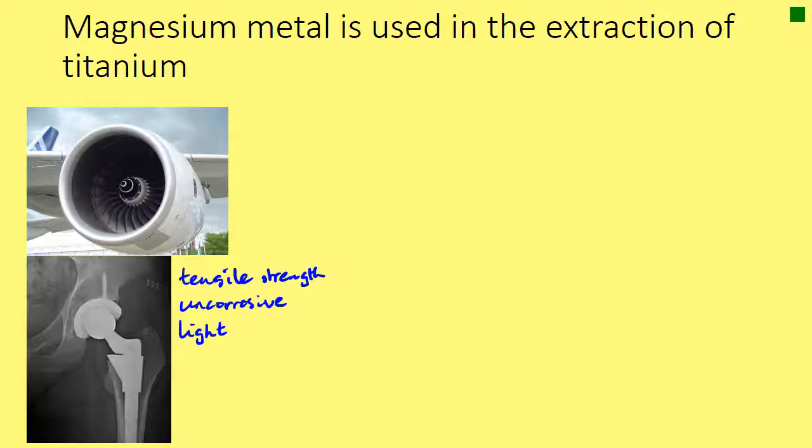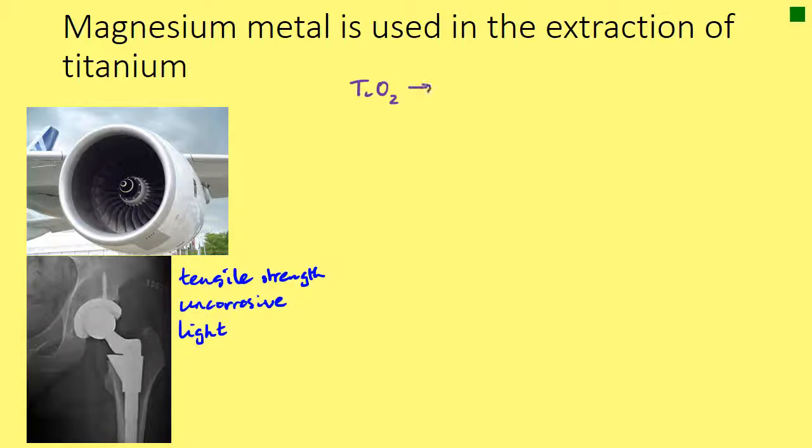The problem is the ore exists as titanium oxide, TiO2, and it's difficult to extract the titanium directly from the titanium oxide.